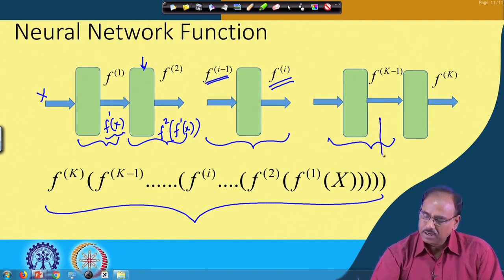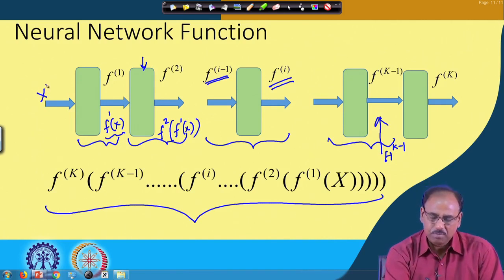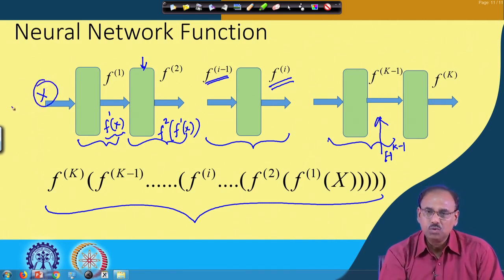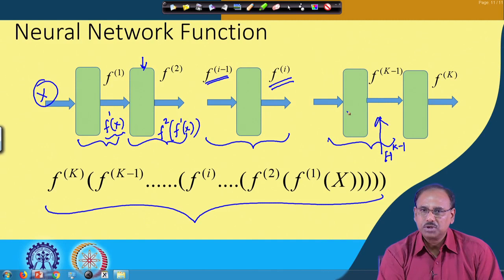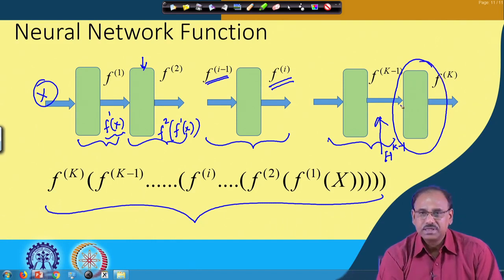When it comes over here, say I have a set of mapped feature vectors, given by h_(k-1), which is mapped from this vector x through a series of nonlinear mappings, where each layer of neurons gives some sort of nonlinear mapping. Then I have a final layer of neurons, which is the kth layer.